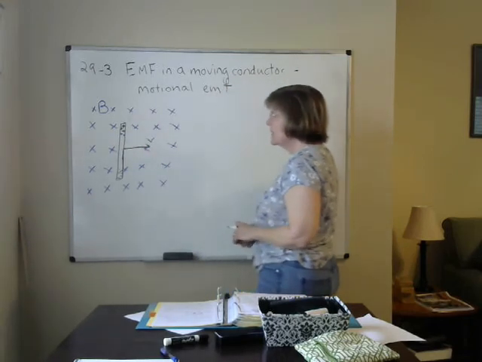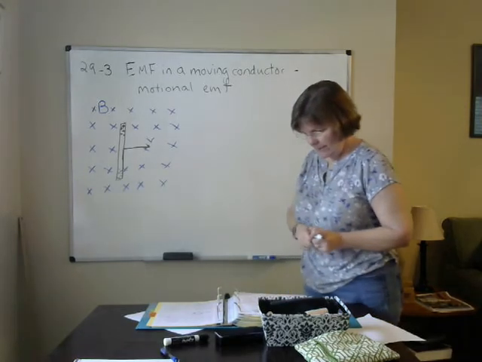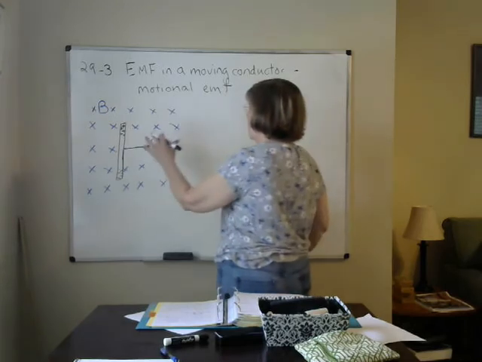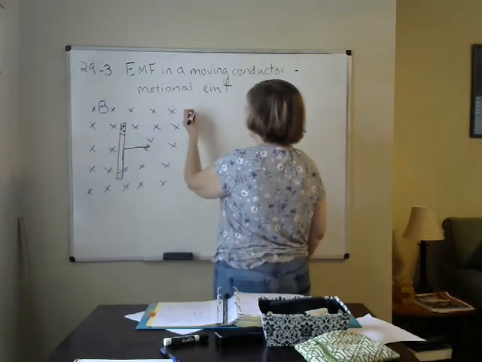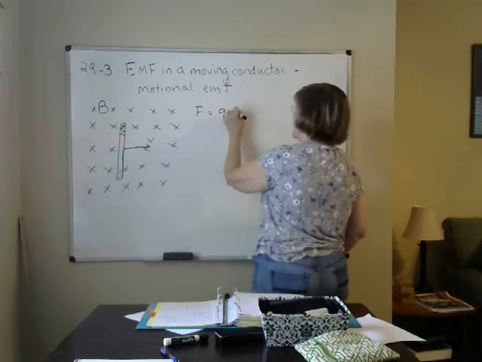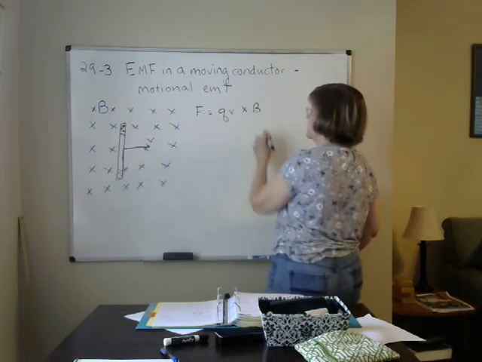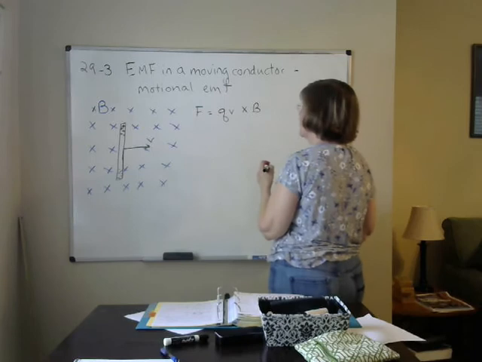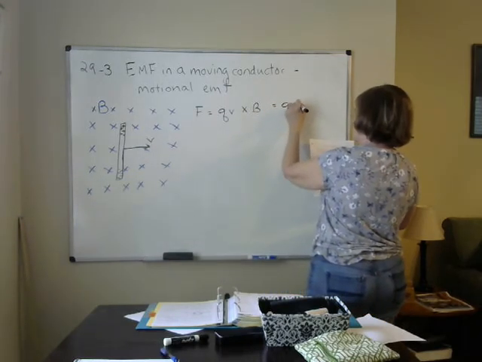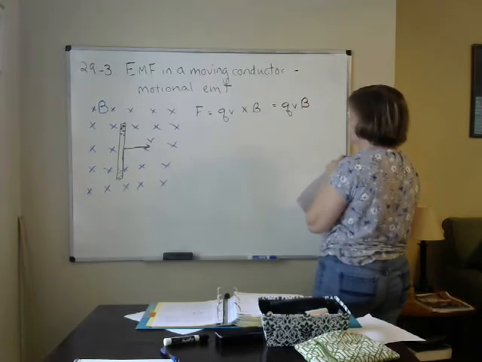So let's think about how big that EMF would be. We know that the force on any given charge is Q v cross B, but since v and B are perpendicular, in this situation that force is just going to be QvB.